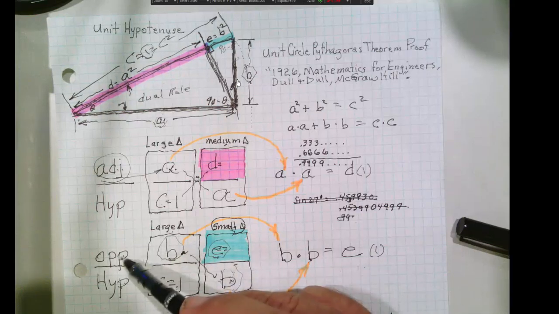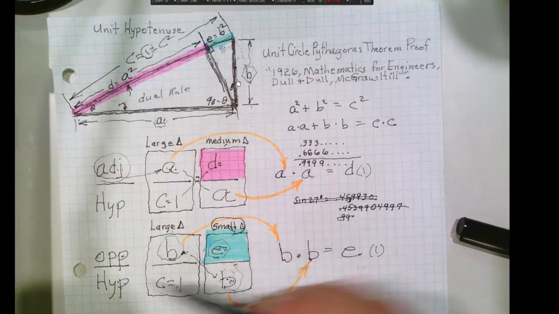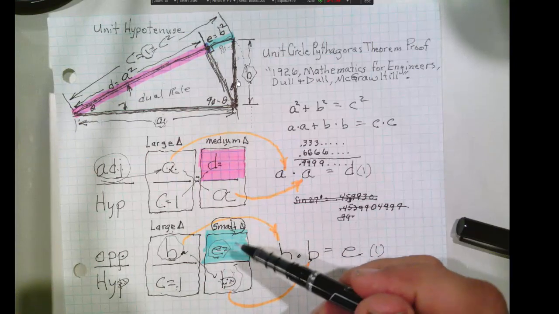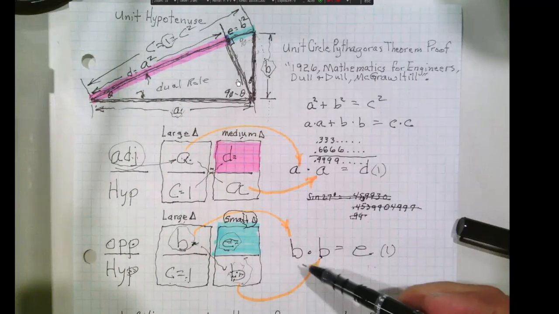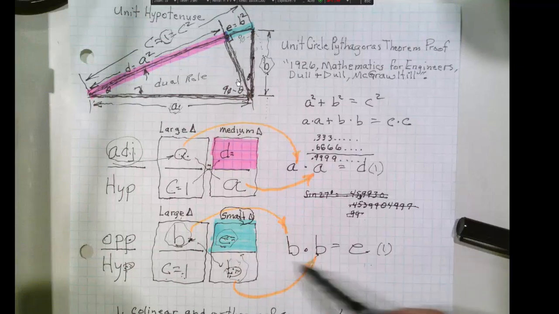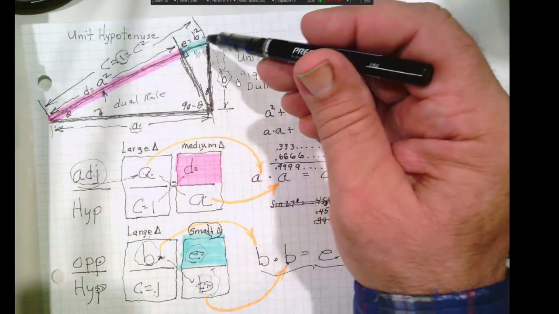One role is the opposite side of the large triangle, and the other role is that it's the hypotenuse of the small triangle. So when we cross multiply, we get our second power term is equal to E. These being equal, you can see that I put that there.